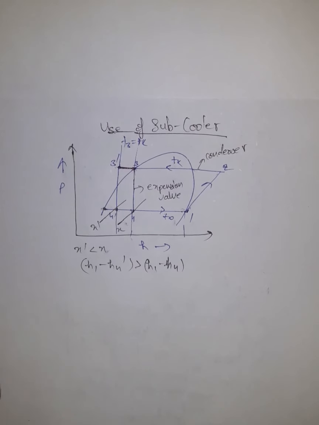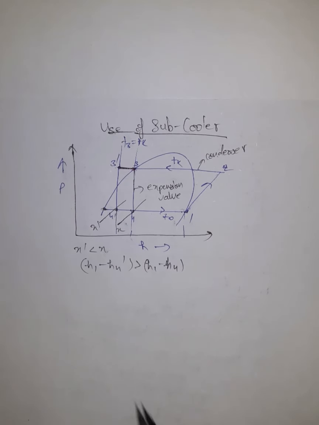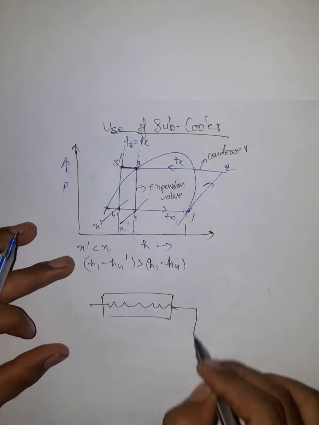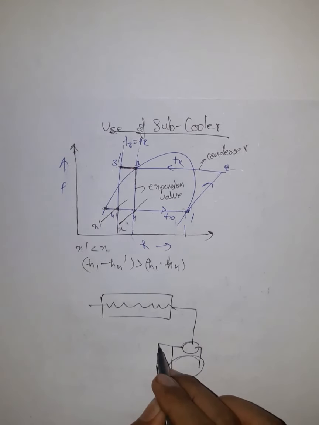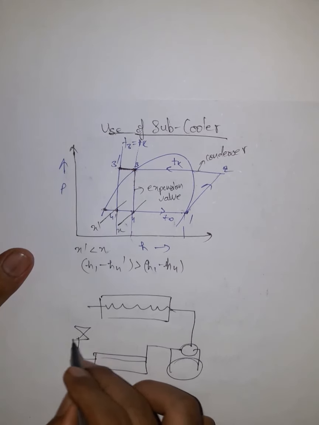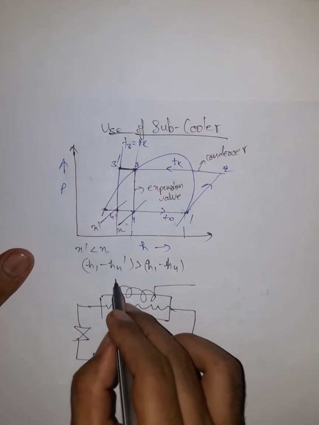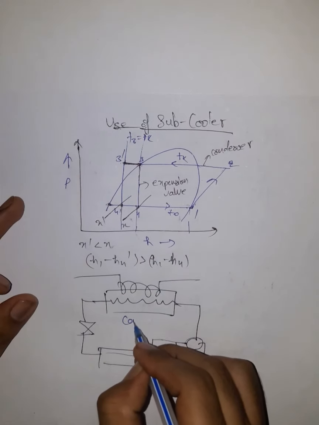Now what are the various methods? We know that we reject heat in the condenser, and prior to that we have the compressor over here. Let us make this the compressor, and before that we have the evaporator over here, and here we have some expansion device. And some cooling water circulates in it. Let us mark it in green. This is the cooling water that is circulating in the condenser.